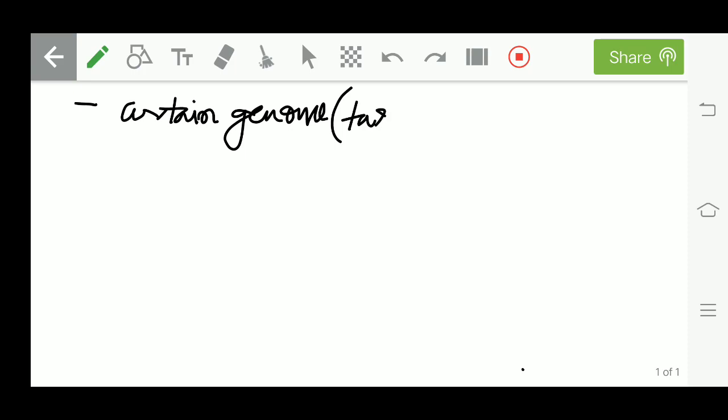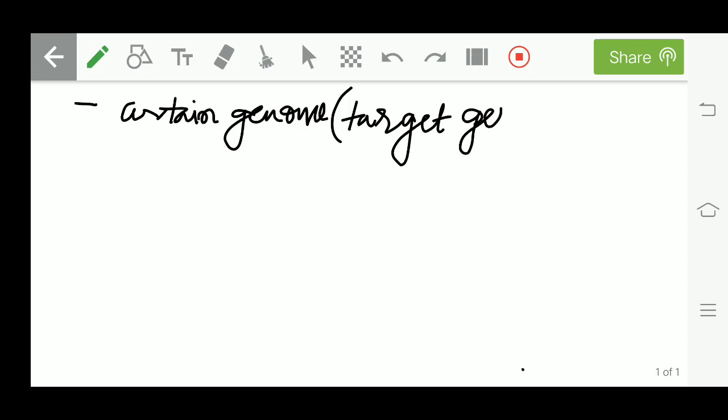Now the question is why do we require hybridization? We require hybridization to find certain target genes in the genome.